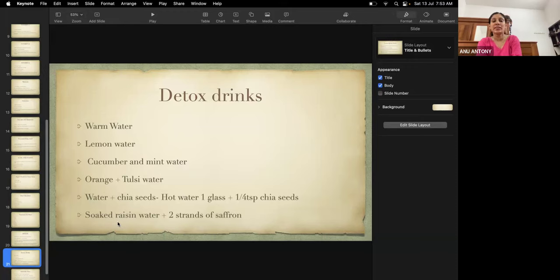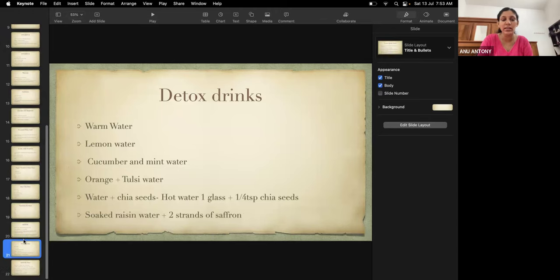So these are the detox drinks. Preferably you can choose these in summer season, not winter season. Soaked raisin water and 2 strands of saffron, you can choose in winter season also. But other things, basically choose for summer season.